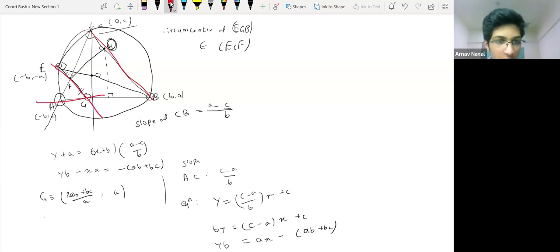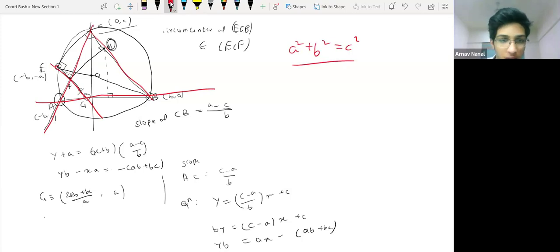Then you intersect it with the line y equal to A, and then we are trying to find the equation of this line. We have that a square plus b square equal to c square. Okay, this looks like Pythagoras, but it's not.